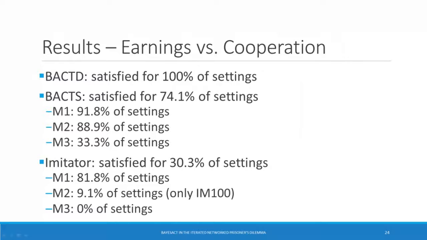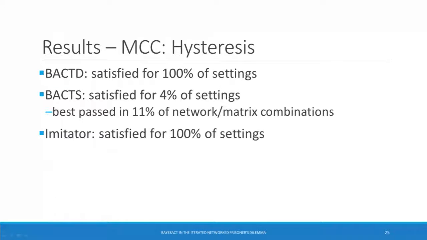We find that this is the case for all of the default settings for BayesACT, for fewer but still most of the study-based agents, and for relatively few of the imitator agents, notably with 0% for this last matrix. This one, remember, is the one that punished defection the most, or gave you the least benefit for defecting, so it's the hardest case.